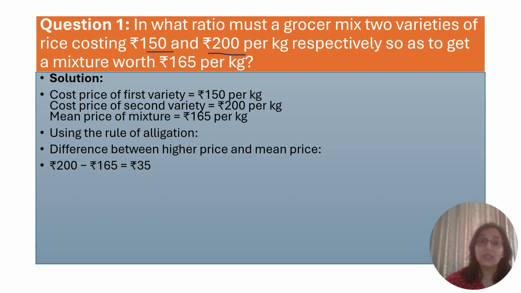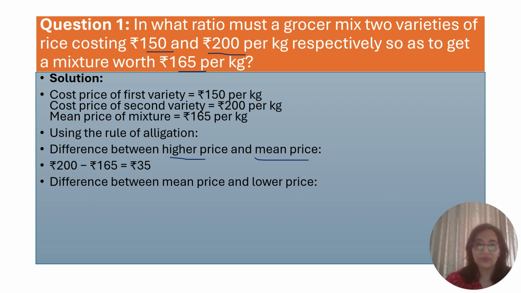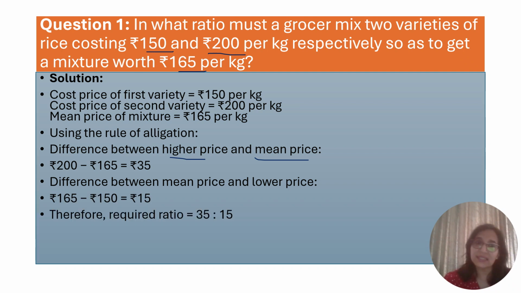But we need to get a mixture which is worth rupees 165 per kg. So that means the difference between the higher price and the mean price, that is 200 minus 165, will give you rupees 35. Now you have to take the difference between the mean price and the lower price. So you get 165 minus 150, that is 15.